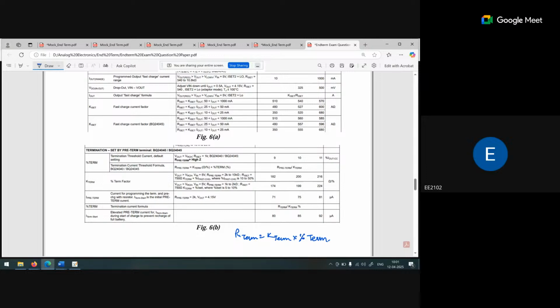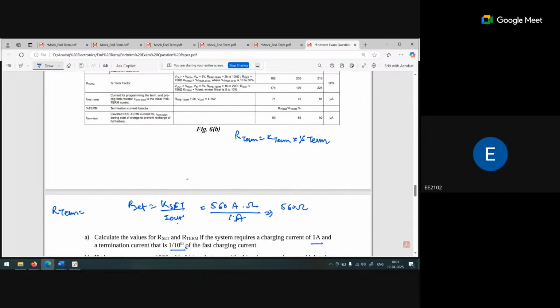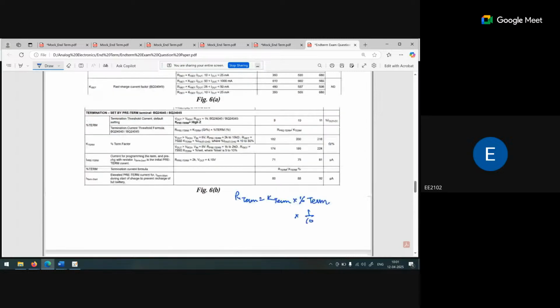The termination current is 1 by 10, and K term is 200. So 200 multiplied by 1 by 10, and to convert into percentage I multiply by 100%. So it is 20 multiplied by 100, that is 2000. So that is 2 kilo. So R term is 2 kilo.